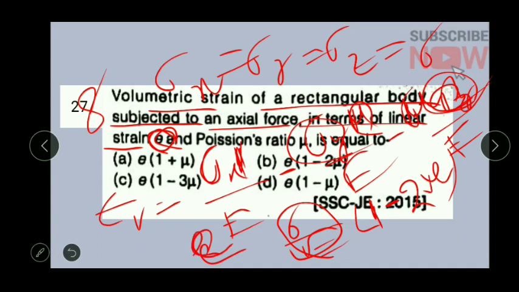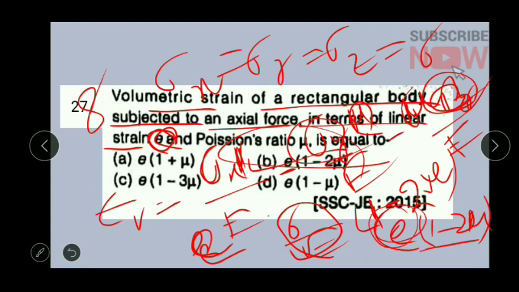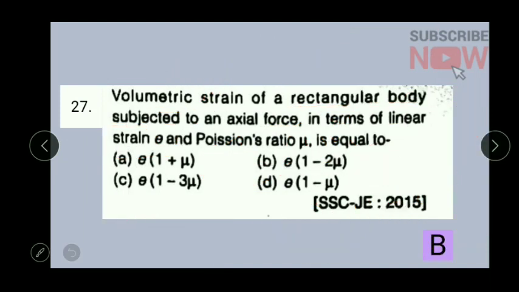So we can check, option B will be the correct answer over here, that will be e whole into 1 minus 2 mu, where e is the longitudinal strain or linear strain, that will be equal to sigma by E. So here we can check option B is the correct answer. Let us check it. So we can find out option B is the correct answer, e whole into 1 minus 2 mu, where e equals sigma by E.